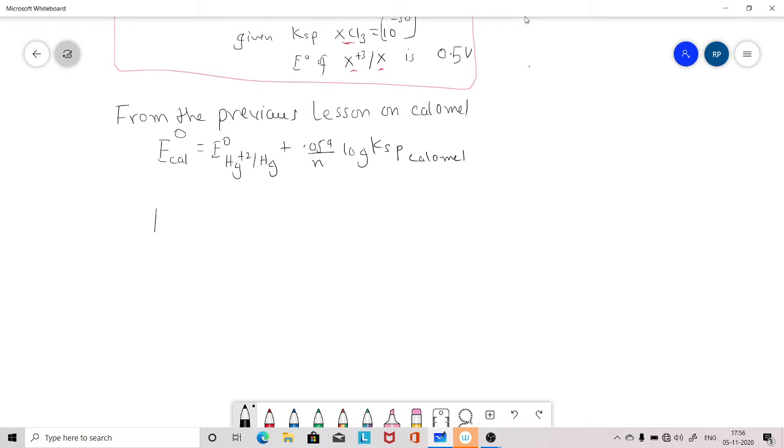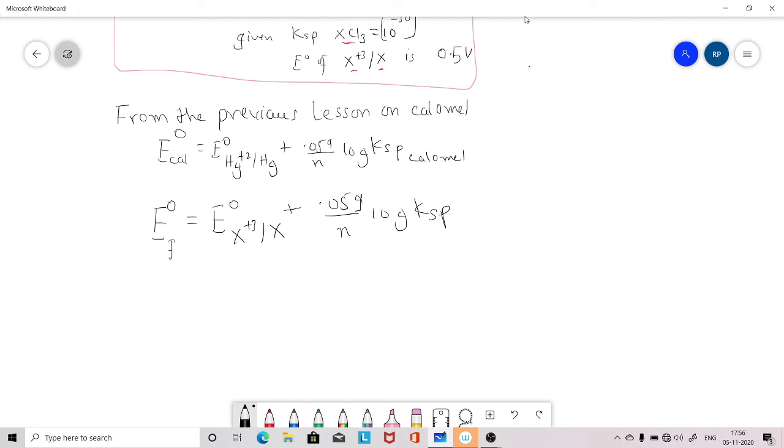Now E naught of this reference electrode can be calculated as E naught of X plus 3 to X plus 0.059 upon n log Ksp value. So how to solve this?